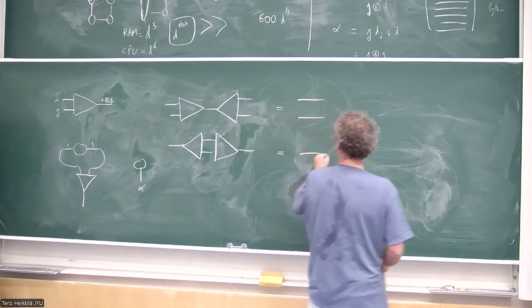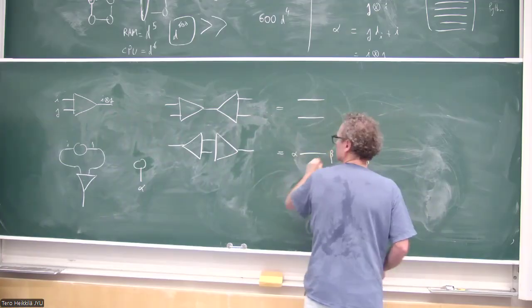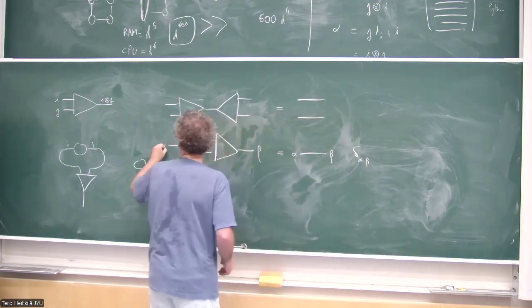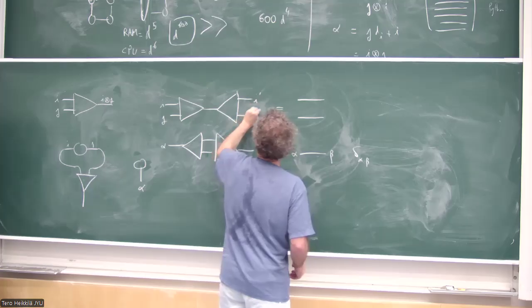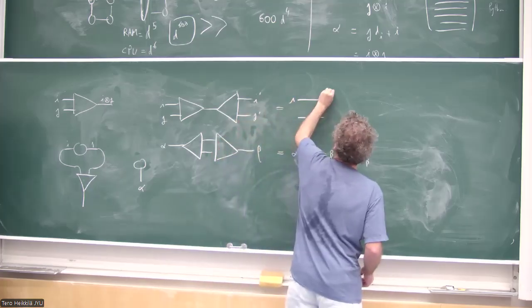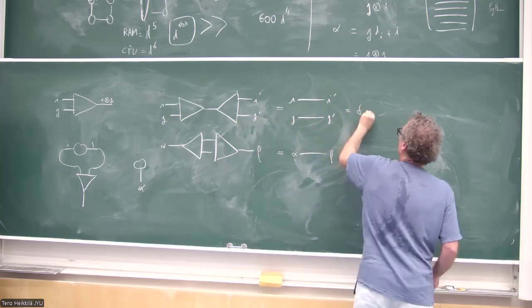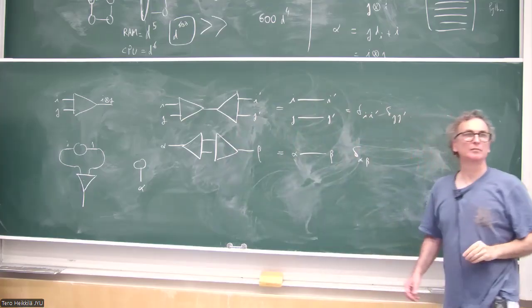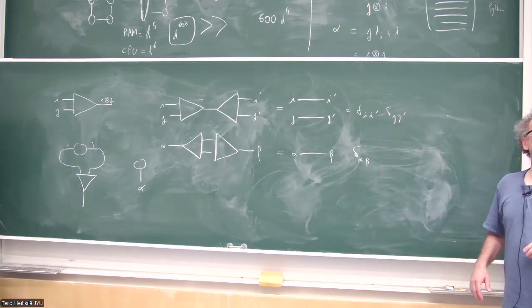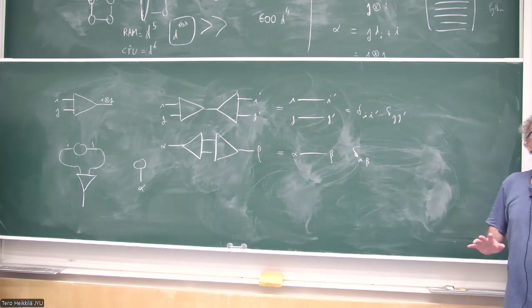So this, by this, I mean delta alpha beta, i prime, j prime, delta i prime, delta j prime. Okay, so I have a way to flatten or unflatten. Same data, just funny things.